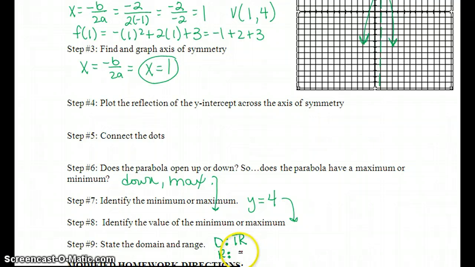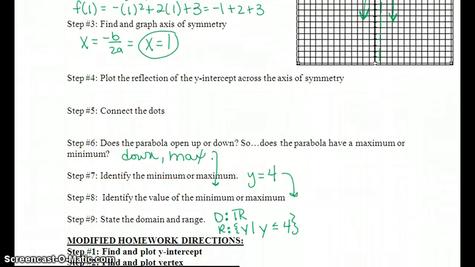My range is going to be the set of y such that y is either greater than or equal to, or less than or equal to, the y value of the vertex. In this case, because it's going down, it's going to be less than or equal to 4. So that's how you identify the domain and range.